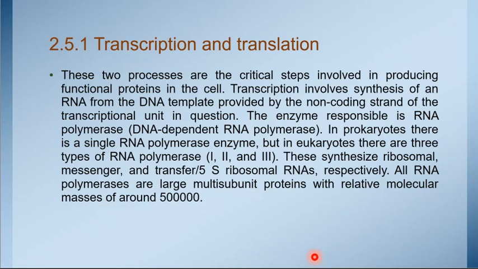The enzyme responsible is RNA polymerase or DNA-dependent RNA polymerase. In prokaryotes, there is a single RNA polymerase enzyme, but in eukaryotes, there are three types of RNA polymerase that we know: RNA polymerase 1, 2, and 3.